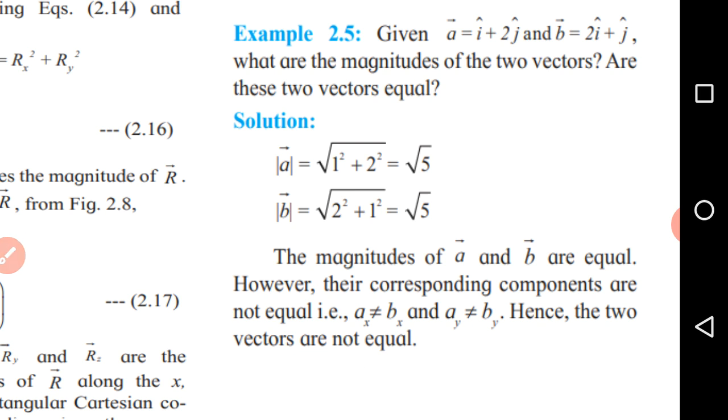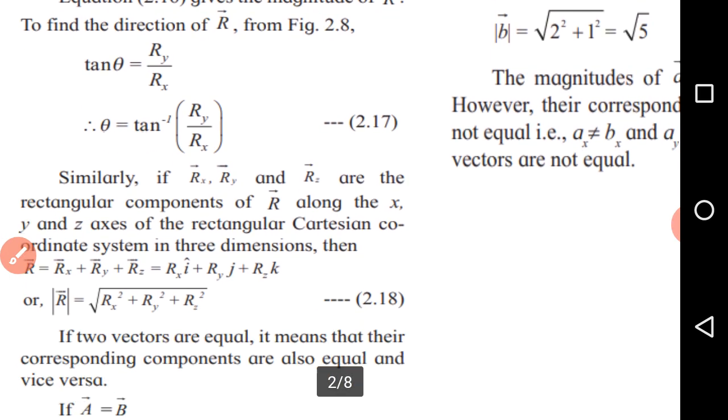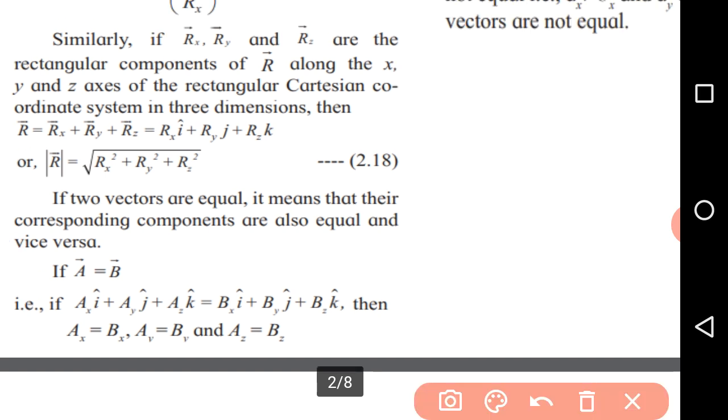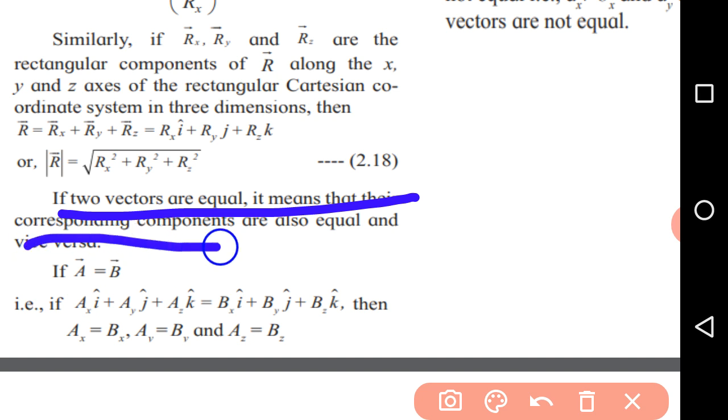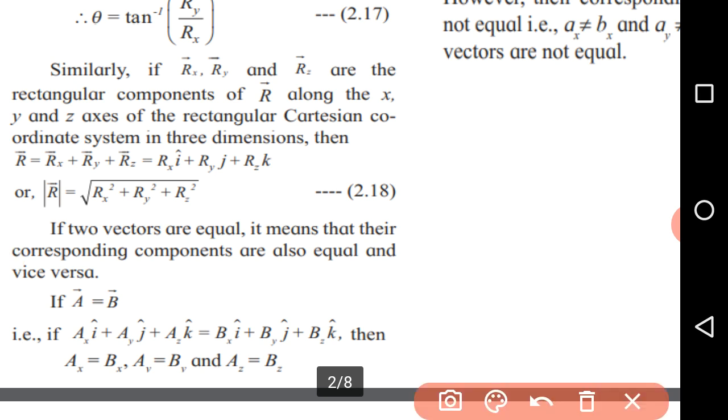But the next question they have asked is, are these two vectors equal? And recently we saw that vectors are equal when the corresponding components are equal. That is, check once again here.